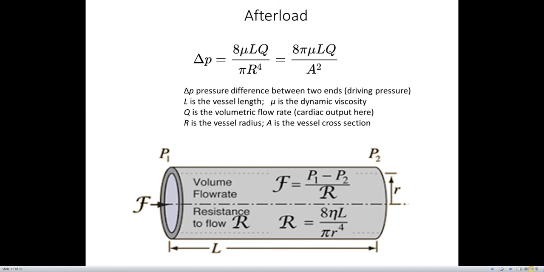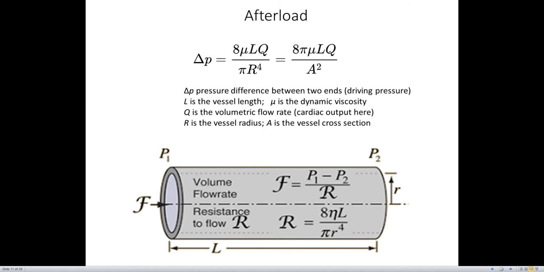And resistance is directly proportional to the length of the tube, but most importantly, inversely proportional to the radius of the tube. So the smaller the tube, the more resistance there is.